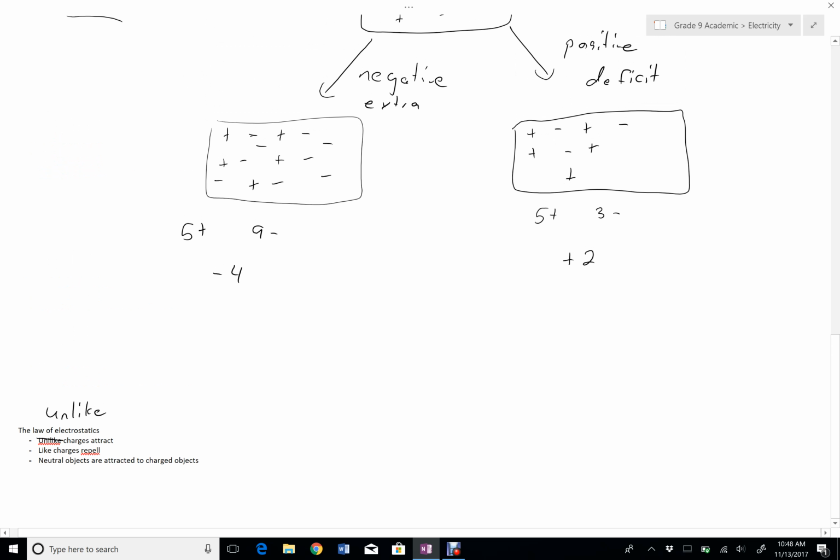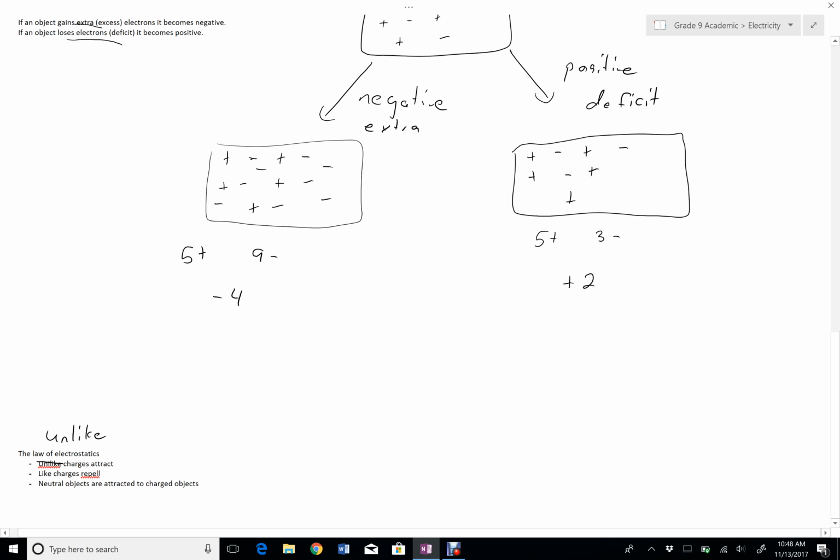The law of electrostatics states that unlike charges attract and like charges repel. So what that means is here my positive and negative materials would attract each other. But if I had 2 positives, they'd repel.